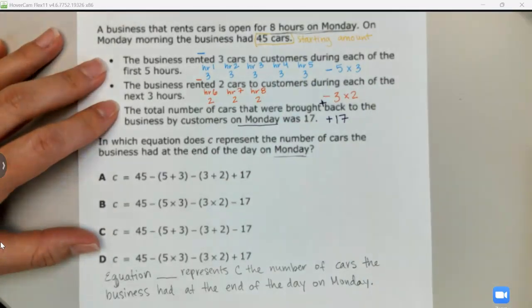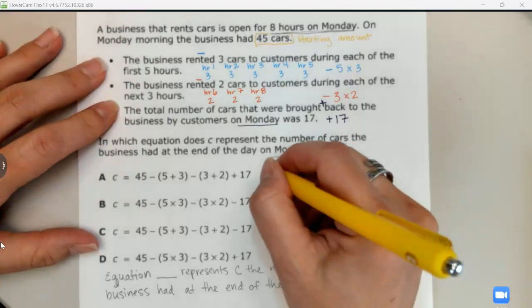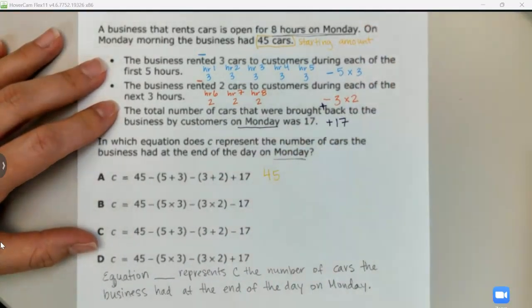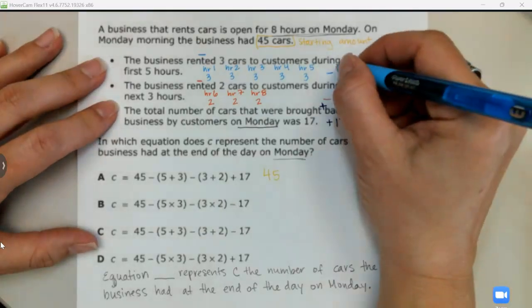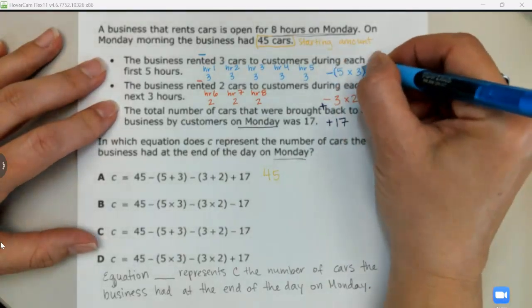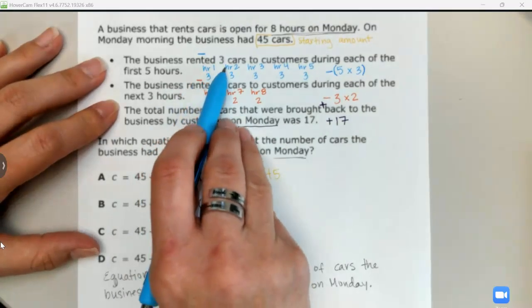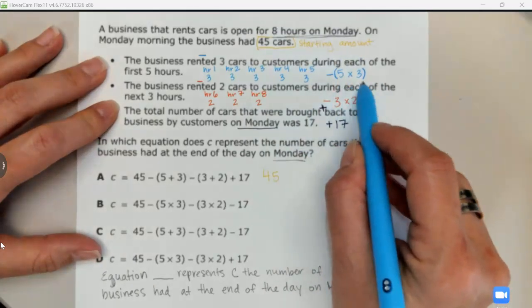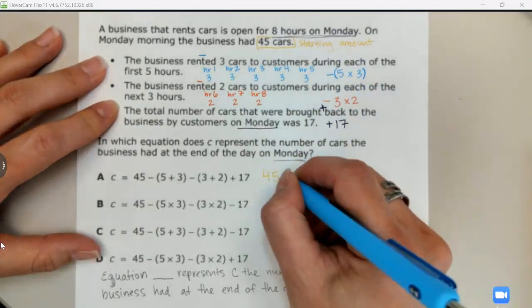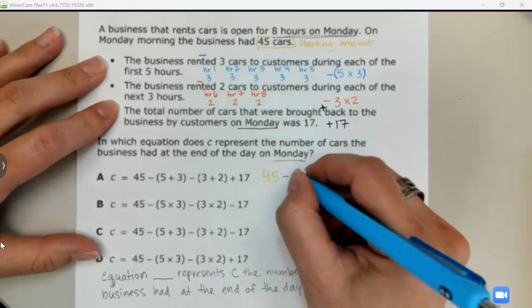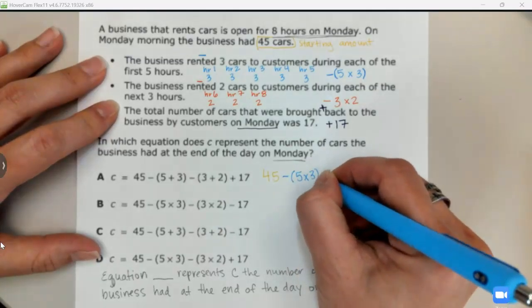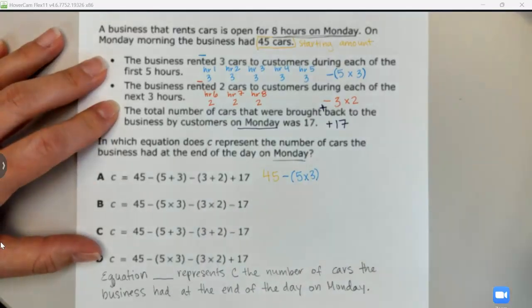So we have a starting amount of 45 cars. Because we're having multiple operations here, we're going to make sure that the first bullet, renting 3 cars during each of the first 5 hours, stays together. We said renting means those cars are going away from the business. So 5 times 3.